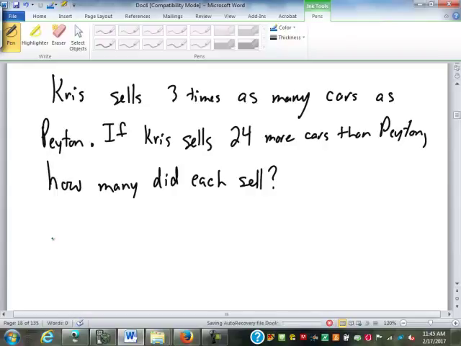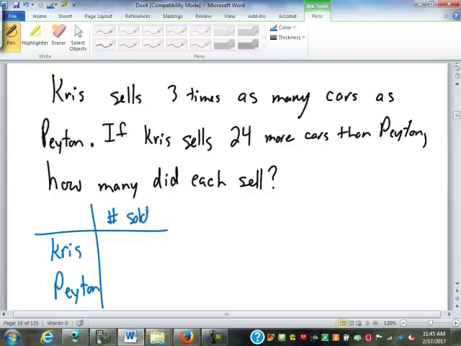So again, we are looking at two people, Chris and Peyton. We're trying to find the number that each of them sold. Now in this case, we don't have two values that add up to make a total. This time they subtract to give us a difference.